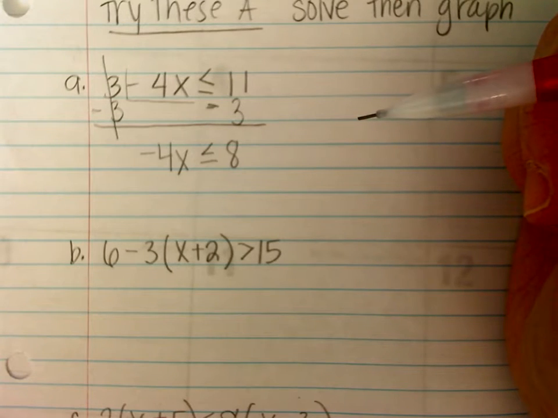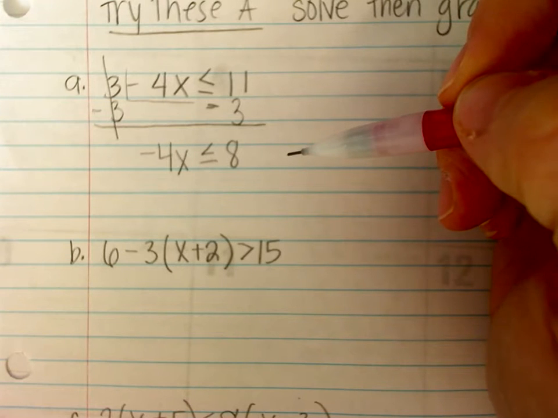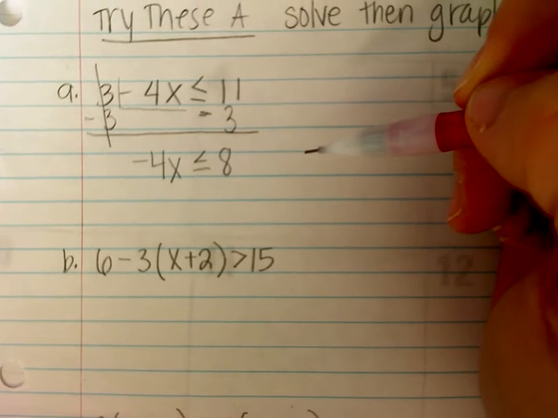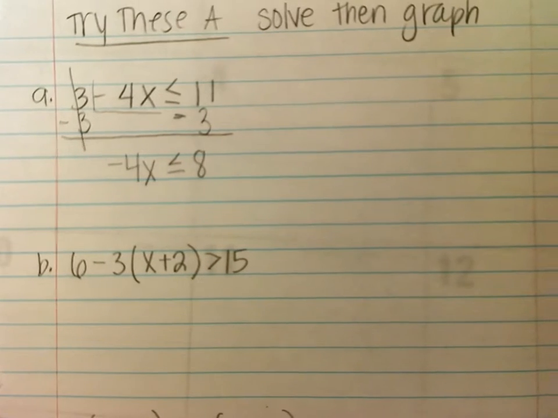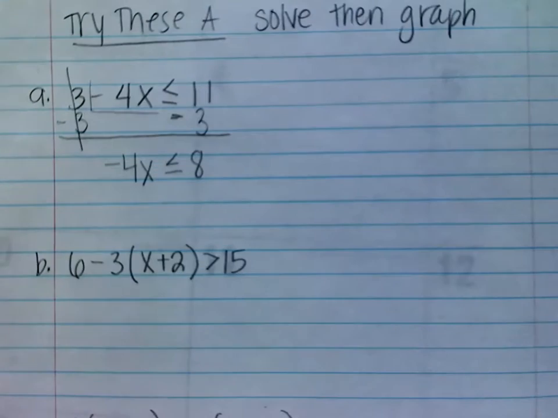Negative 4 times x is less than or equal to 8. So how do I undo what's happening? Rosalind, what am I going to do?